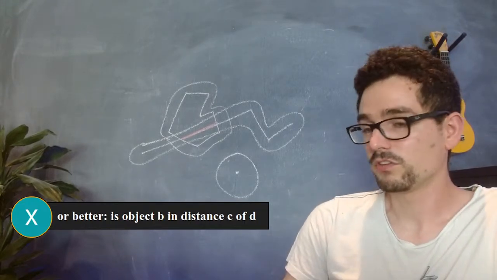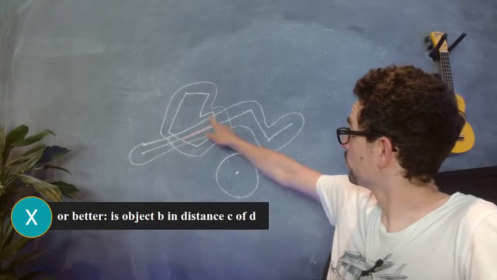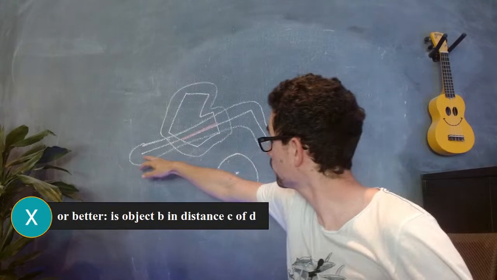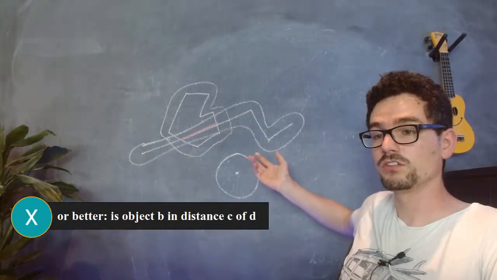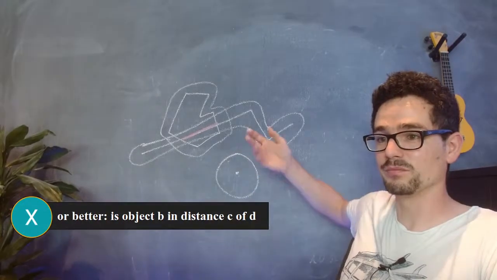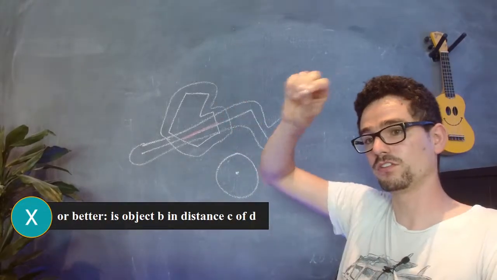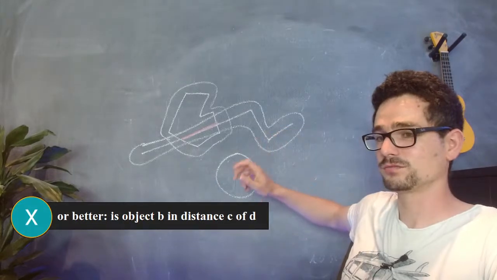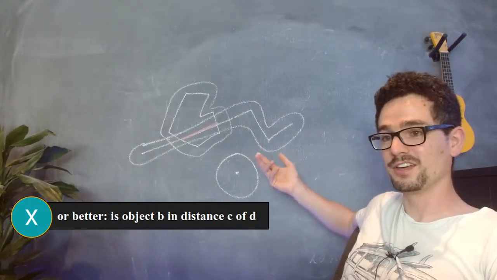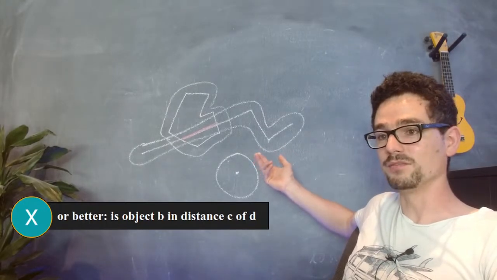Because sometimes the real distance between this line and this dot is not so important. So let's say this line here is how a plane flies. This is an airline. No, airlines don't go like this. Let's say it is a train connection.